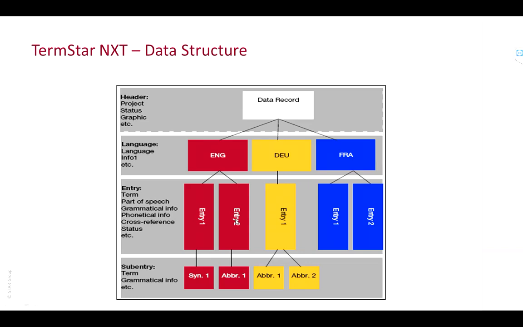And for every entry you can have, you don't need to, but you can have one or several sub-entries, like synonym or abbreviation. And for each sub-entry, again, we have several fields that belong to it that can be filled in.